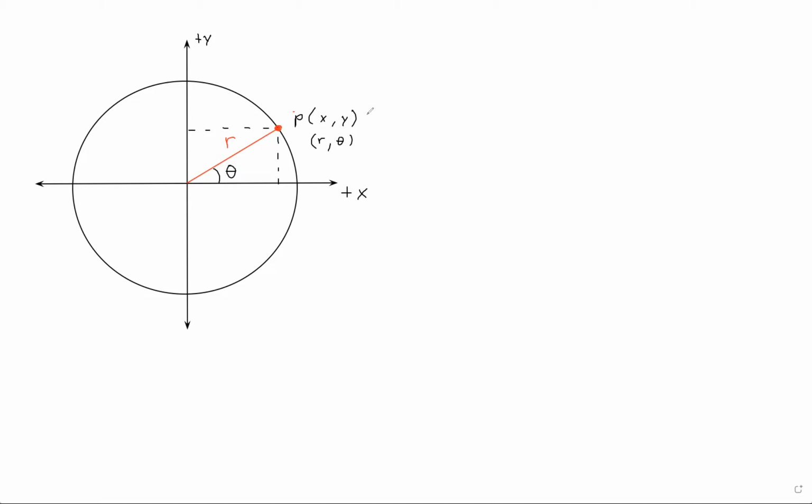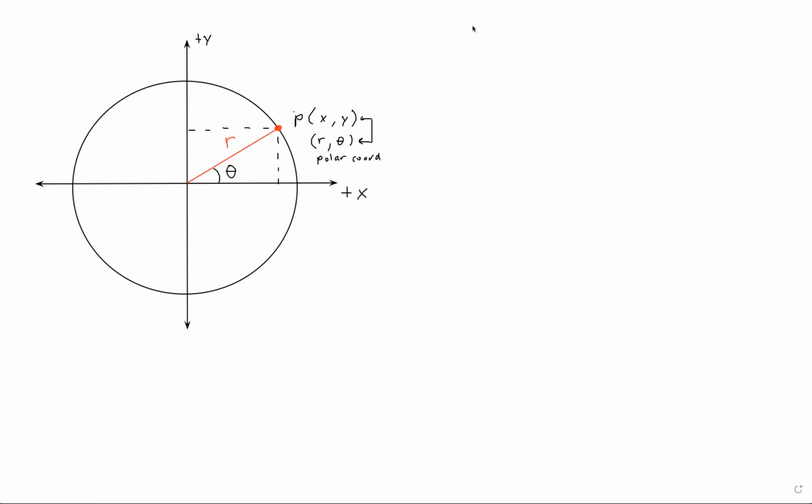These are just two different ways that we can look at finding the position or location of that point, right? And this can be transformed. You can go from the XY coordinate frame to the polar coordinate frame. These are what's referred to as polar coordinates, and these are your standard X and Y coordinate system.